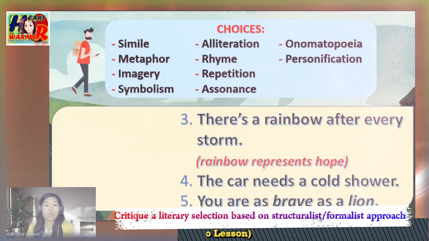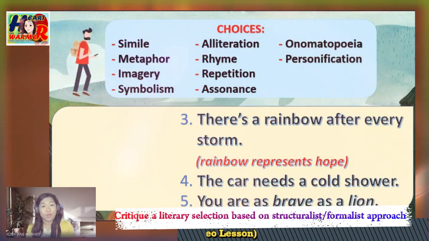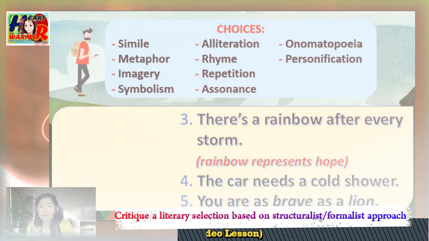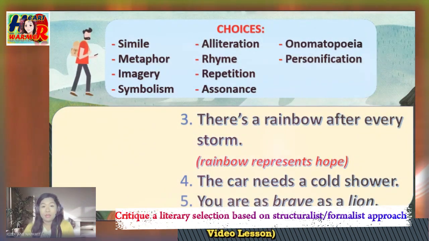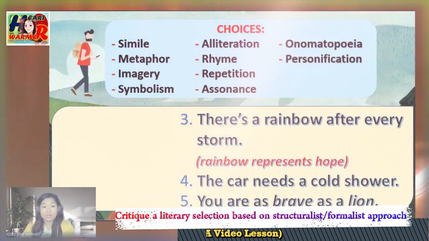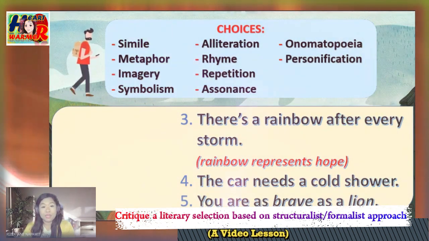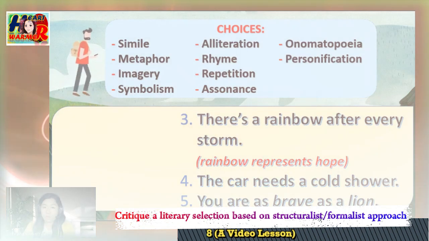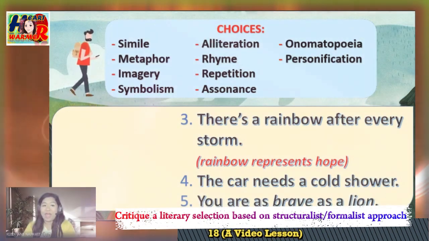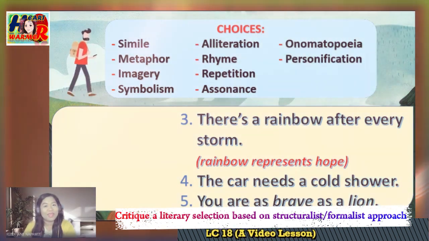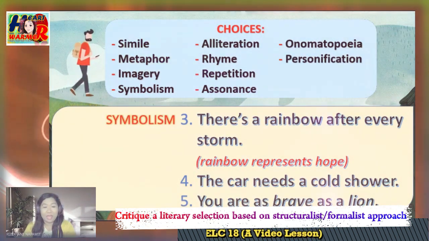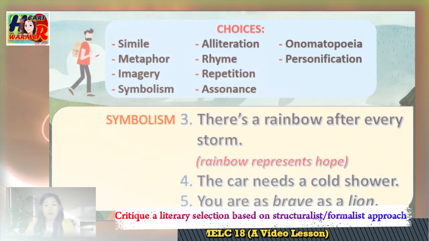Now let's proceed to number 3. It says here that there's a rainbow after every storm. Now if rainbow represents hope, then there is what we call representation. And if there's representation, you're right if you're thinking that it is referring to symbolism. Now let's proceed to number 4.